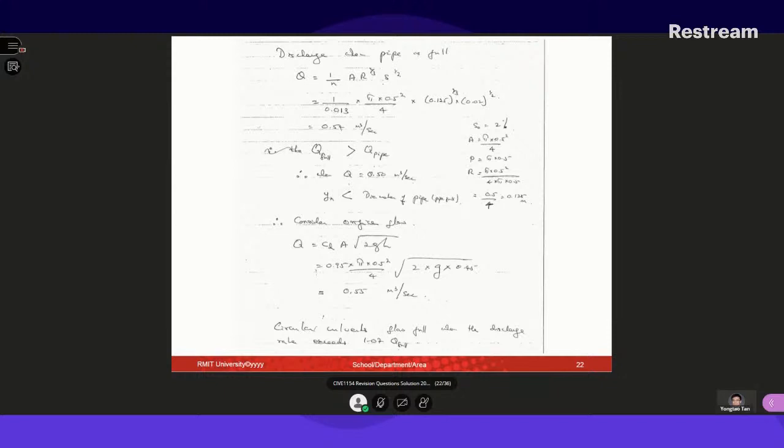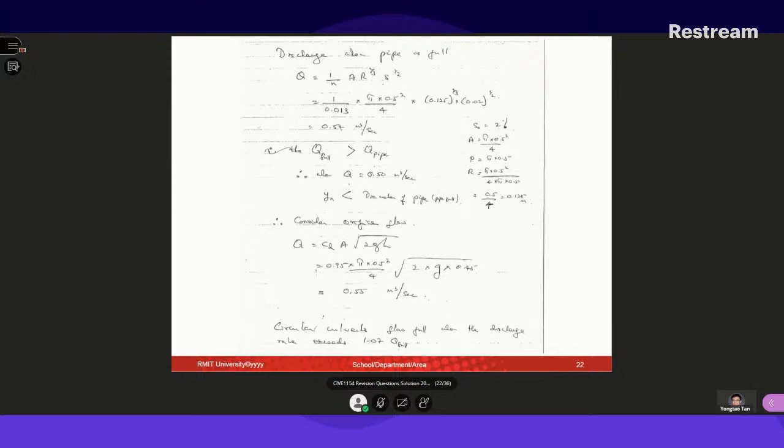So we can see that the pipe capacity is larger than the discharge rate. That means the normal depth is less than the diameter of the pipe. So the orifice flow is confirmed. That means it is not type 2, it's type 3.